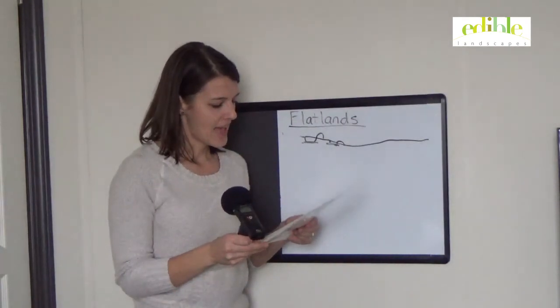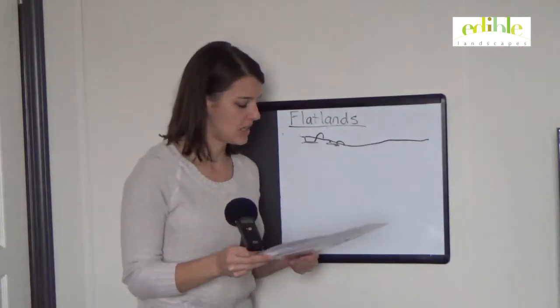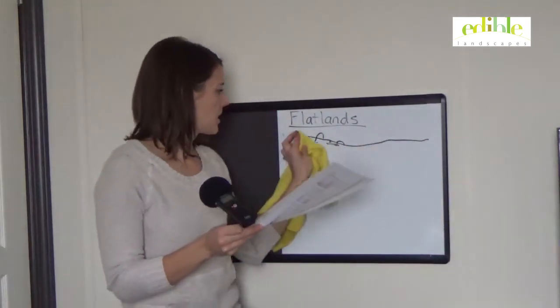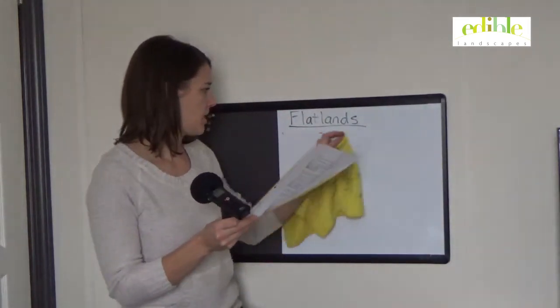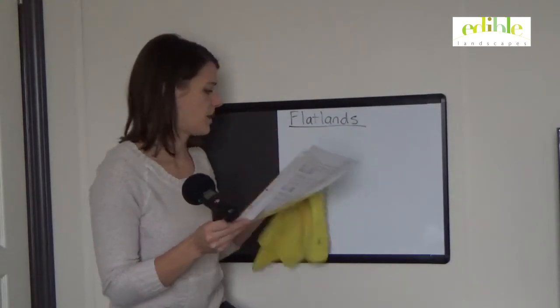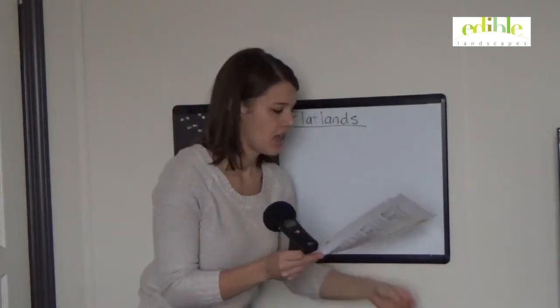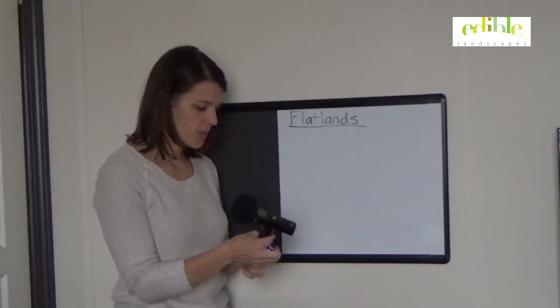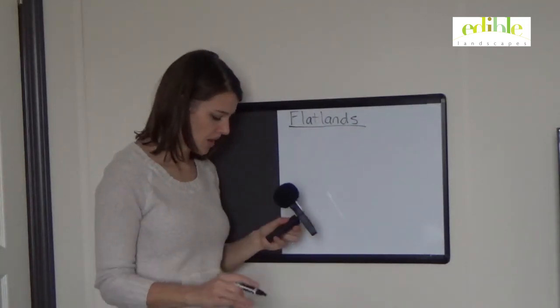So if we look at the Greening the Desert example in Jordan, Jeff Lawton had put a bunch of swales in, and the swales were on average 50 meters apart.